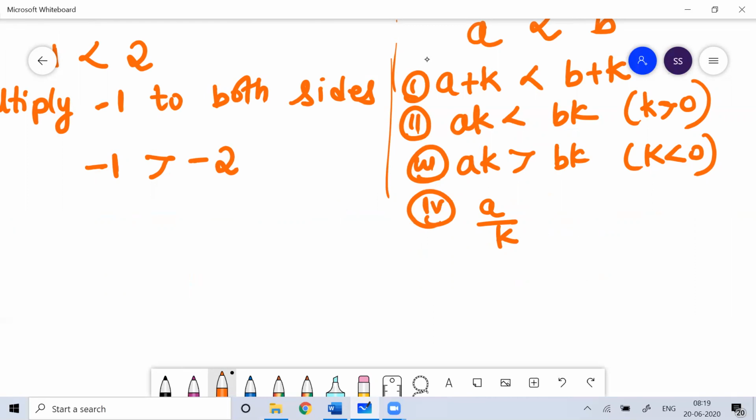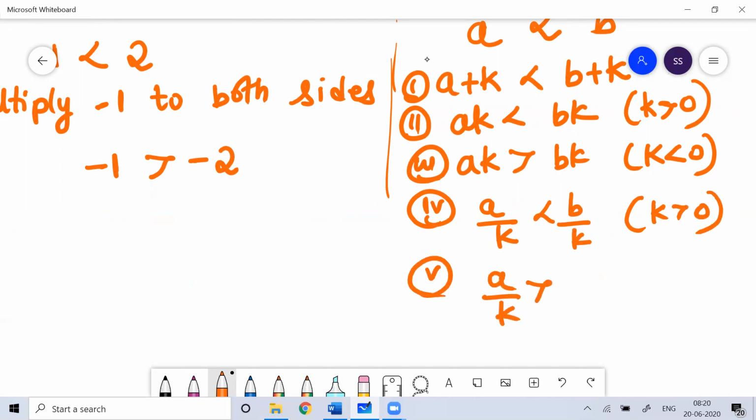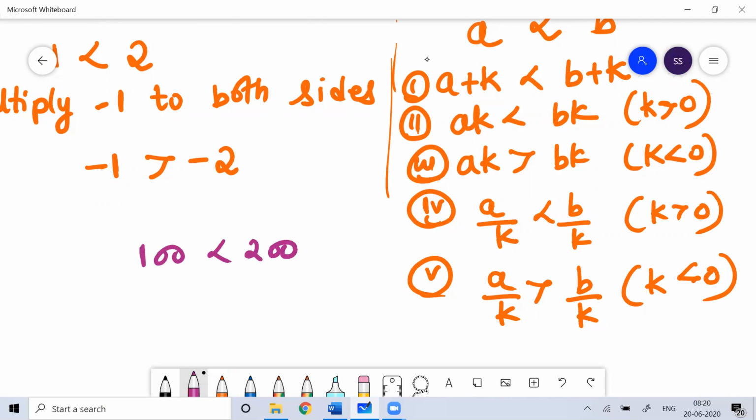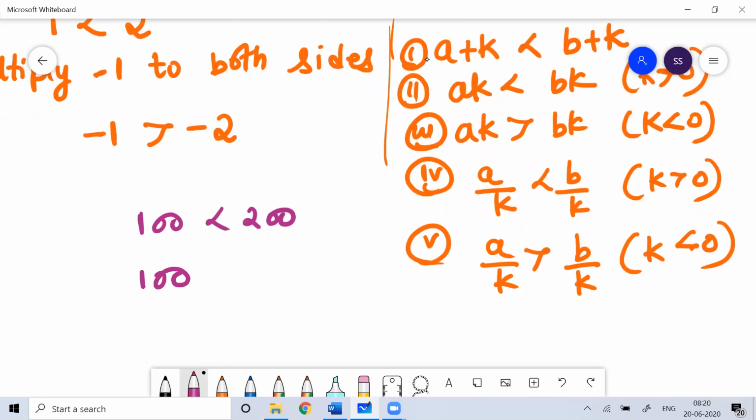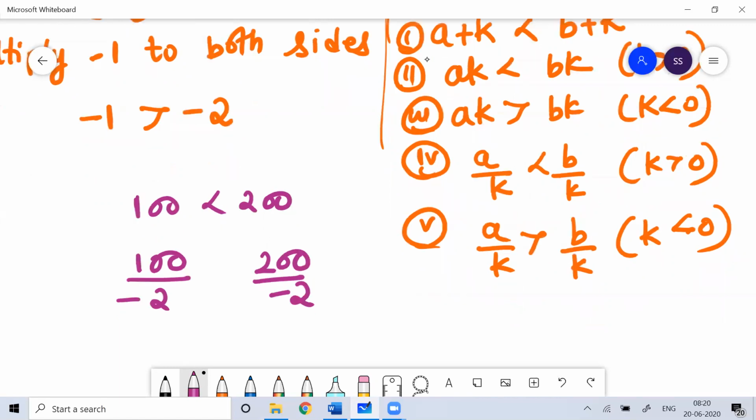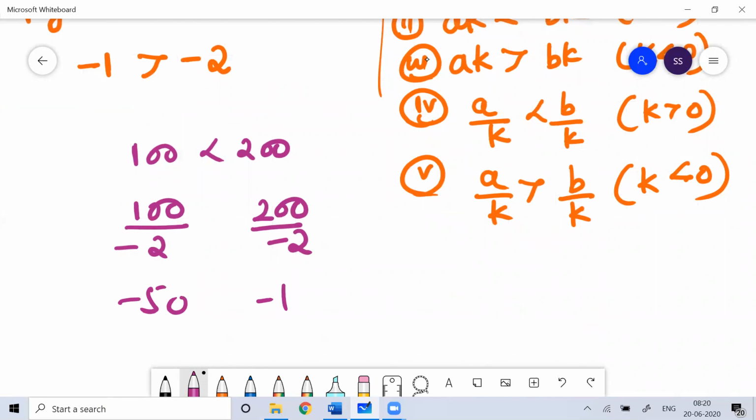A divided by k will not affect the relationship provided k is a positive integer, but the relationship will get reversed if k is negative. For example, 100 is less than 200, but if you divide both sides by -2, you'll get -50 and -100.